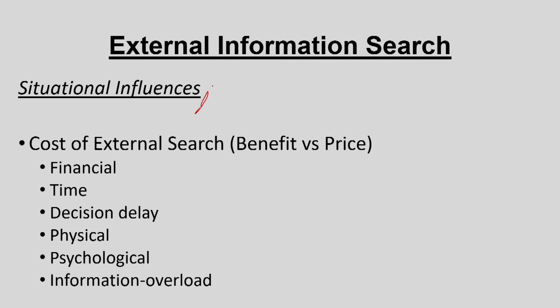Another situational influence which leads to more external information search is called the cost of external search. And here the benefit versus price kind of equation is done by most consumers. So what consumers actually see is how much cost they are going to pay in terms of getting external information about a product.